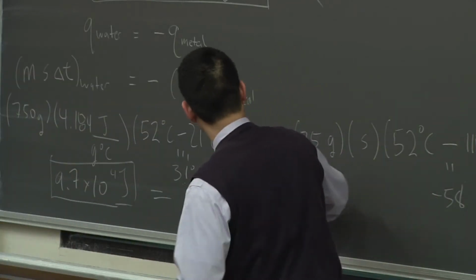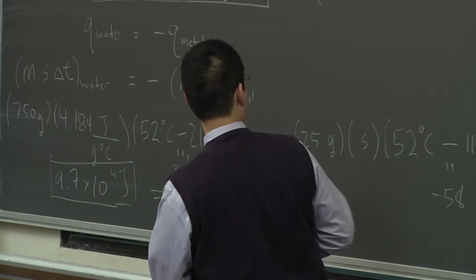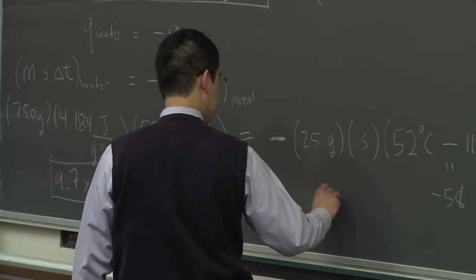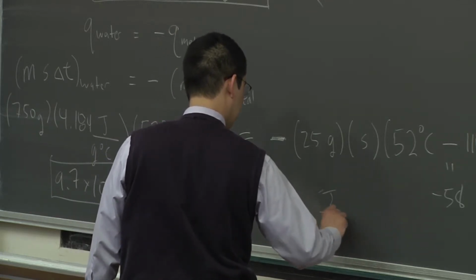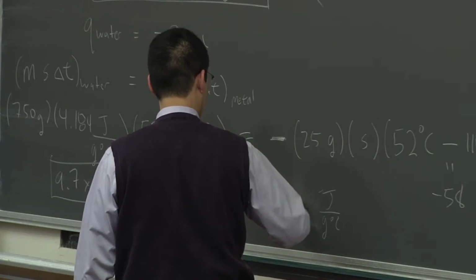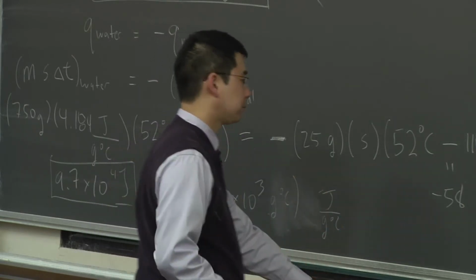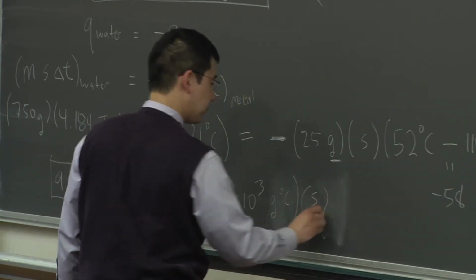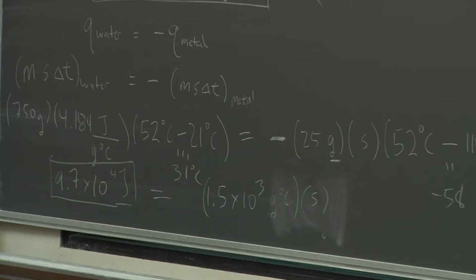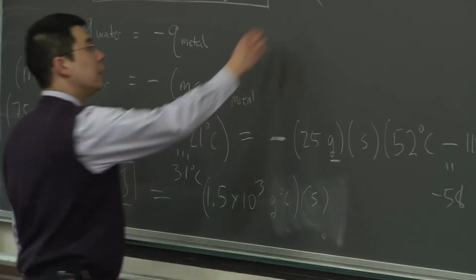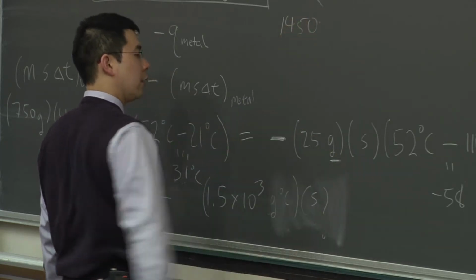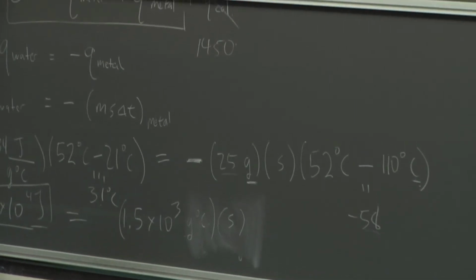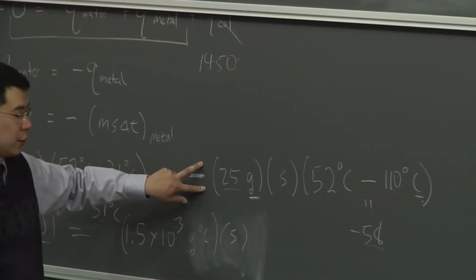No, not joules. I'm lying to you. S is in joules per gram degrees Celsius. So this is actually going to be grams degrees Celsius times S. So I got 1450, and then I rounded to two significant figures. And that's why you need this negative sign here.